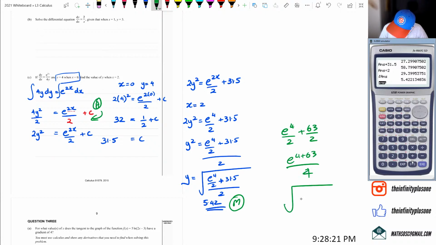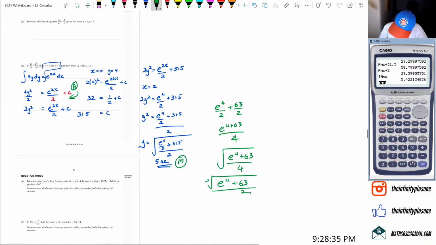So you could have left your answer like this, and I think that would be okay. Or even the square root of e to the power of 4 over 63 over 2. I think that would be all right, but I wouldn't put a fraction inside a fraction.